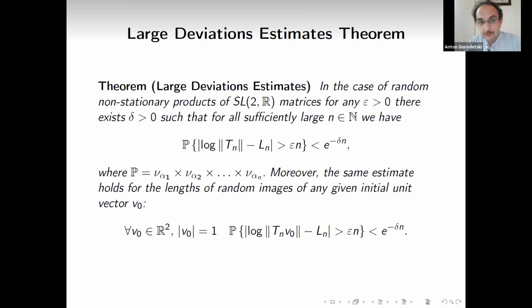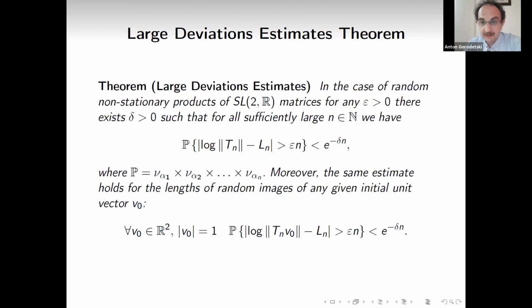We're going to prove actually a stronger statement. We're going to prove a large deviation estimate theorem. So we prove that we can estimate the probability that for sufficiently large n, the log of the norm of that random product deviates from this sequential Lyapunov exponent in this way.